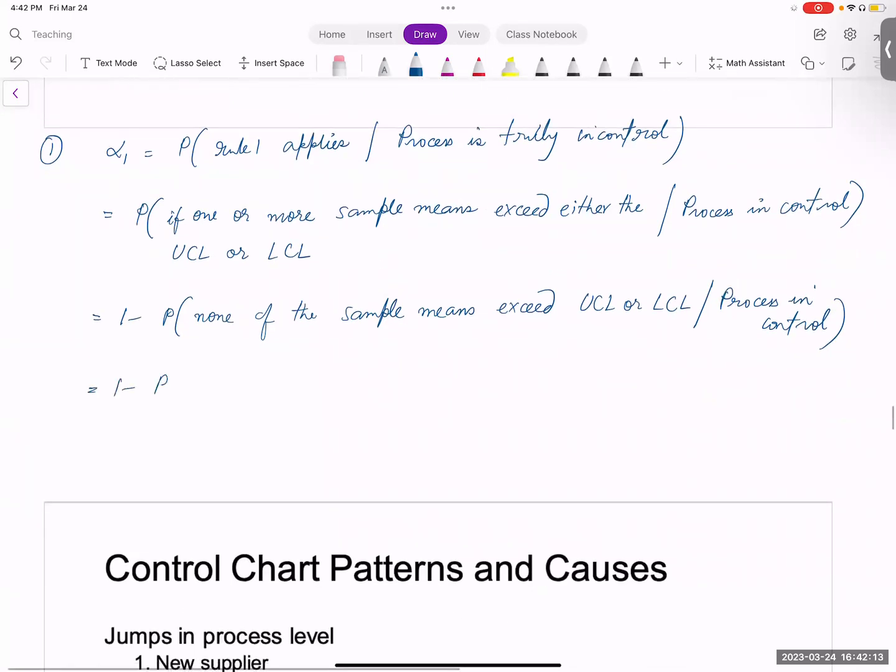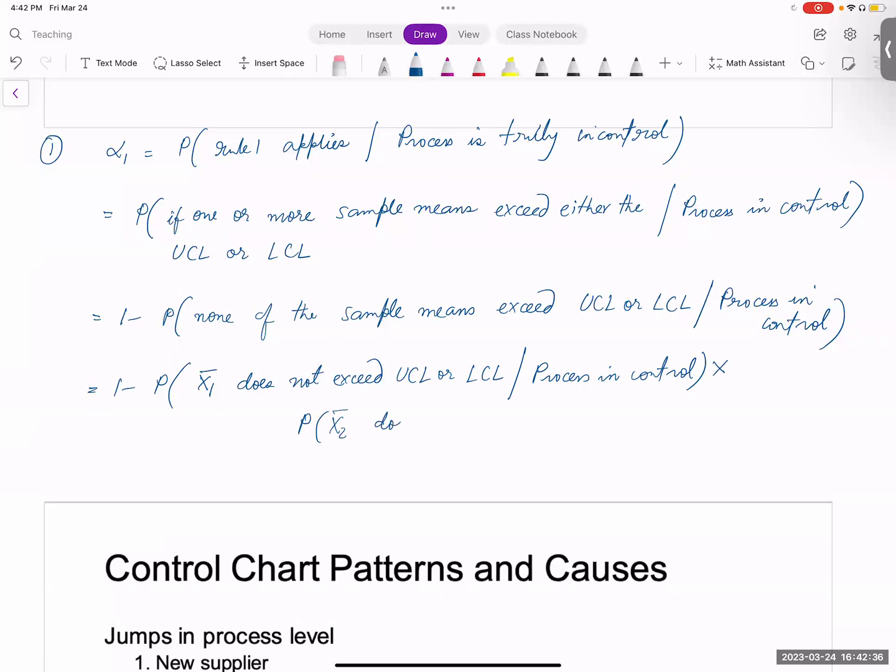This is equal to 1 minus the probability X1 bar, which is our first sample, does not exceed UCL or LCL given the process is in control, times the probability that X2 also does not exceed UCL or LCL given the process is in control.